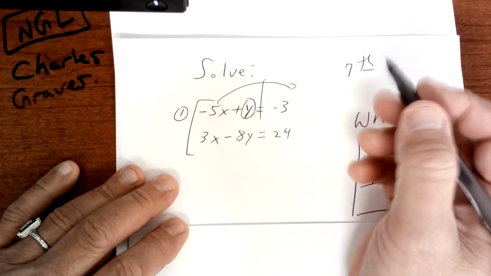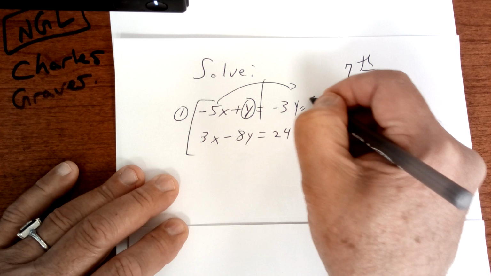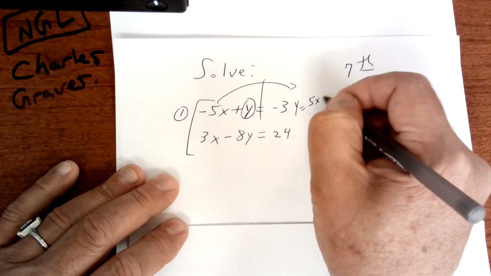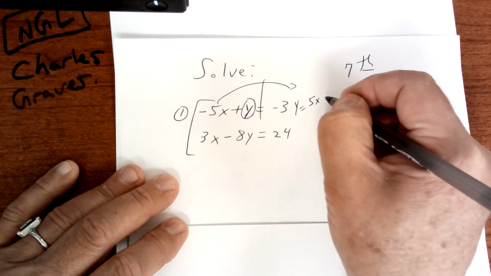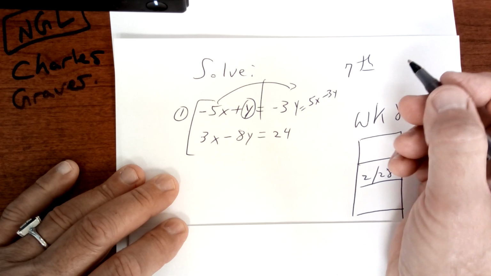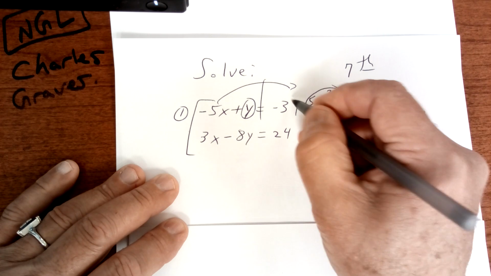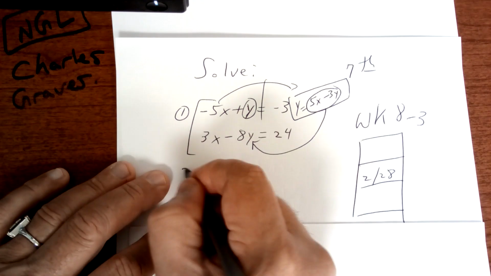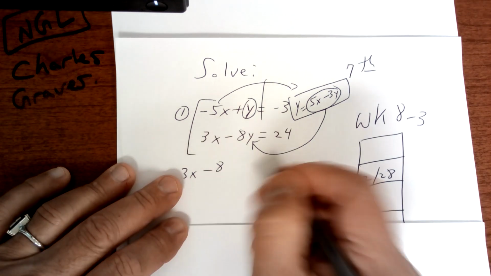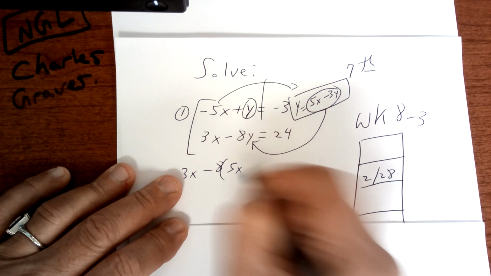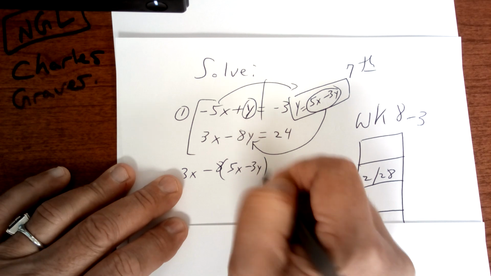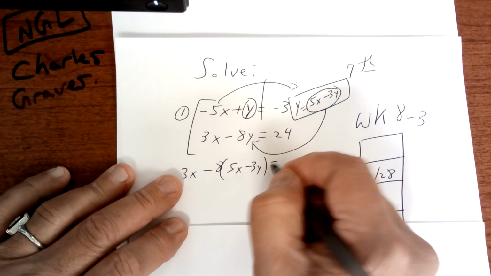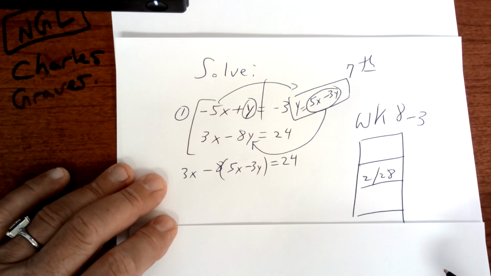So you're going to get y equals 5x minus 3y. You're going to take all of this and substitute in place of the y. So you're going to get 3x minus 8 times all of that is equal to 24. And then you've got to work it out, you've got to distribute.